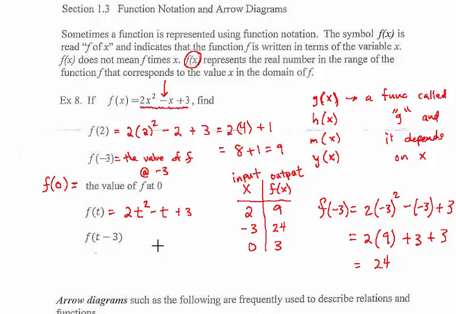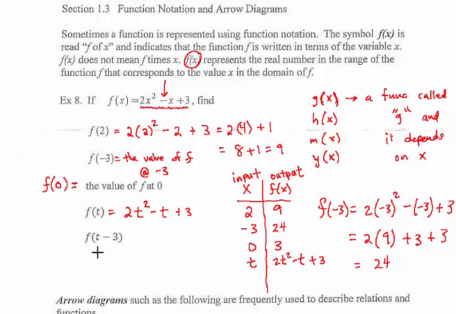We basically just have an expression based on a different variable now, t. So you could say our input was t for our table, and our output is 2t squared minus t plus 3.